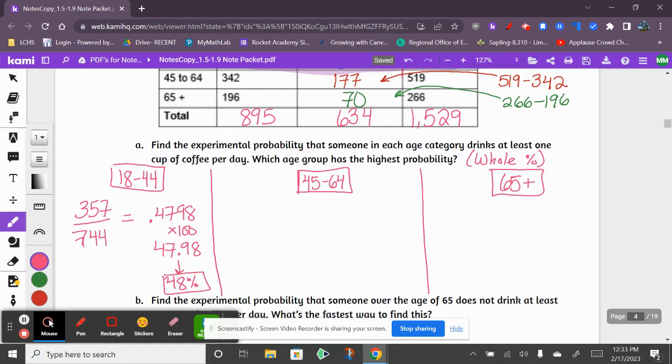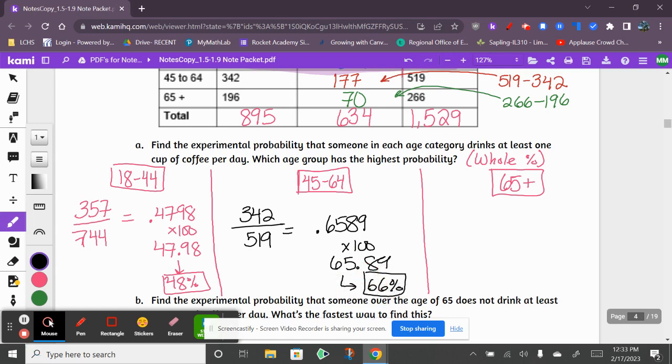For the age group 45 to 64, we have 342 out of their total 519. We get 0.6589. So we get closest to 66% for that age group.